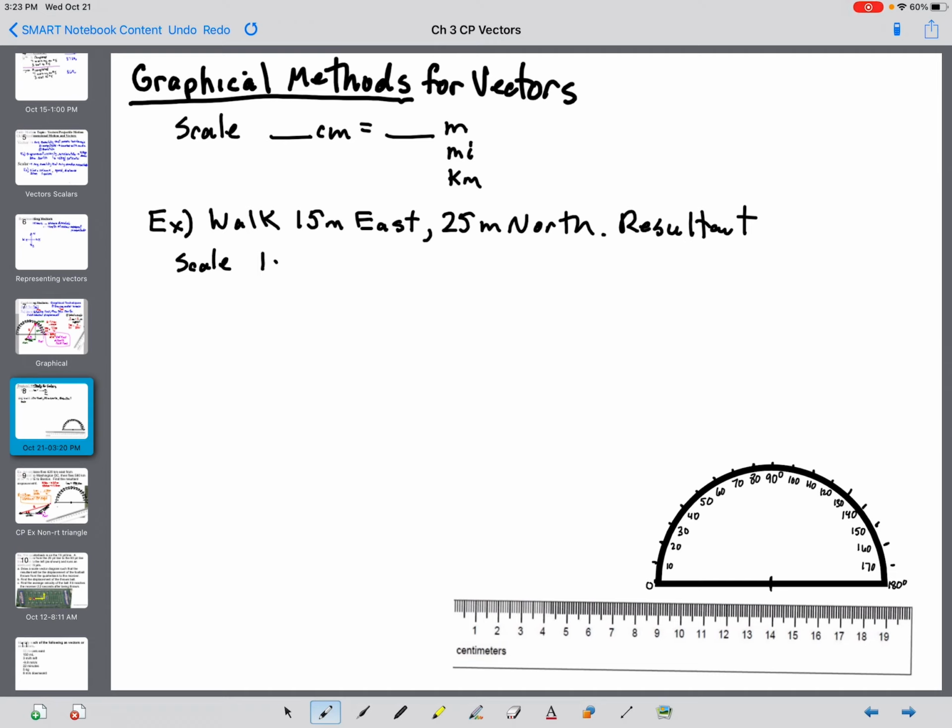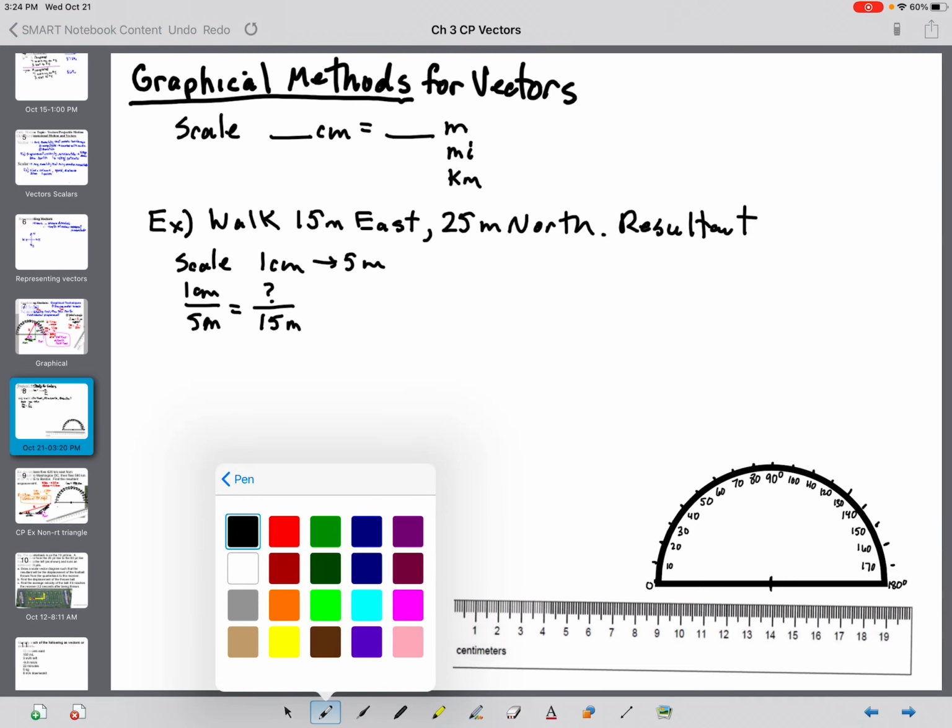Let's say 1 centimeter represents 5 meters. In that case, we could set up a proportion. 1 centimeter is to 5 meters. We have a 15-meter line. How many centimeters would need to represent that? And so that line would be 3 centimeters long.